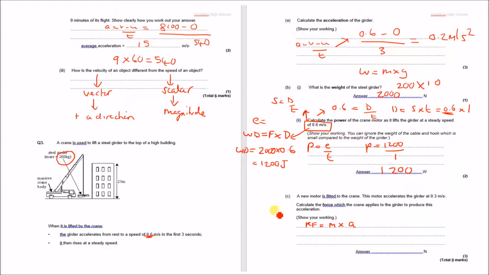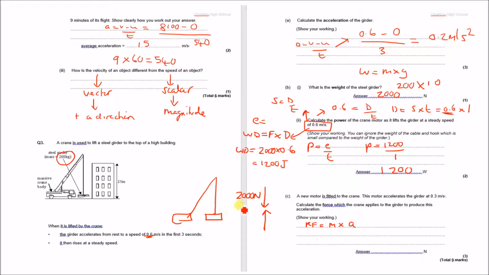Now, the first thing is we need to work out the combined forces of both. So we know that the downward force is 2,000 newtons. That is its weight. So in order for the girder to be on the crane, we just draw that little crane.